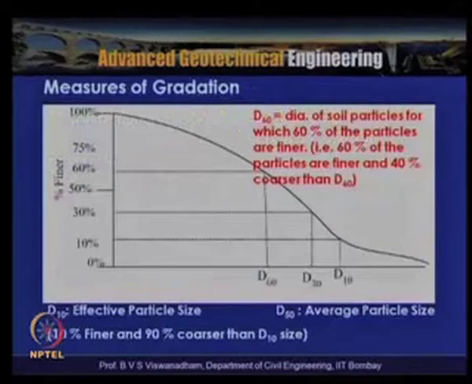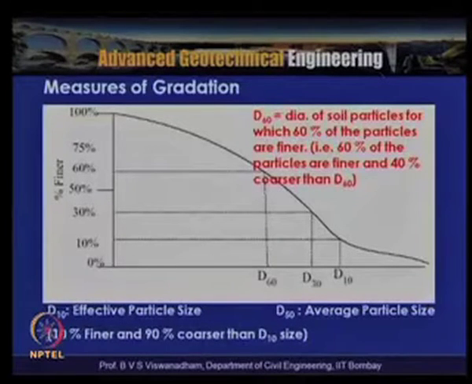So, here in this plot, a total particle size distribution curve is shown, with percentage finer on the y axis and particle sizes on the x axis. It is important to know that some particle sizes are characterized: D10 as the effective particle size and D50 as the average particle size.